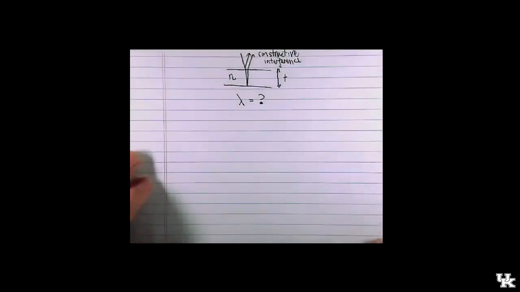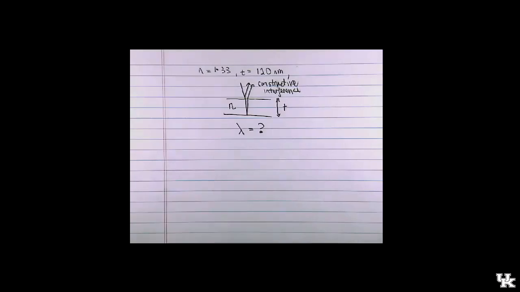Now, they didn't tell us what order the bright fringe, the bright light constructive interference, is. So I don't know what order it is. The only thing I know to do in that situation is to start with the lowest order, so that's m equals 0. Try that and see if the wavelength that corresponds to that is visible light.